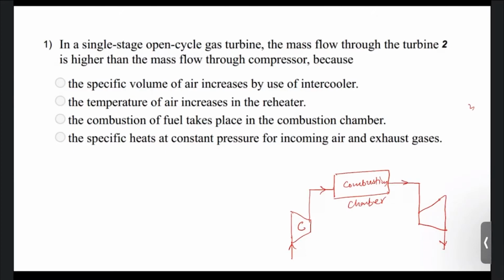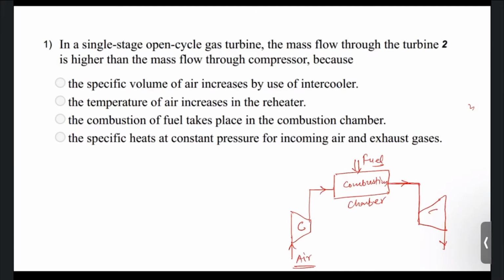Okay, so what happens here is, here goes air, but in the combustion chamber fuel is also added, and this air fuel mixture gets burned, and this burned mixture goes through the turbine. So in the combustion chamber we are adding extra fuel to the air.